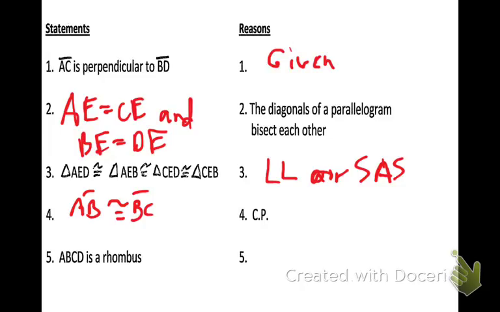Yeah, all those are congruent. All the sides are congruent because all four of those triangles are congruent. So we'd have CD congruent to DA, and so on. That's by CPCTC.